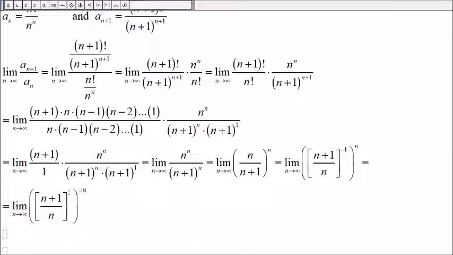We can just move n inside and then move the negative 1 outside, and then this is the same as this.